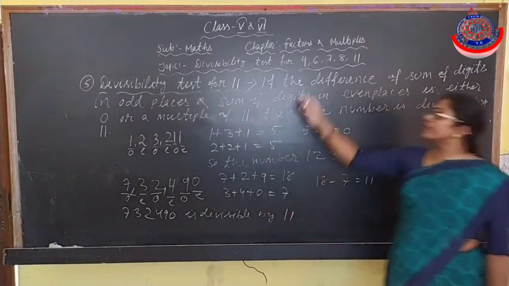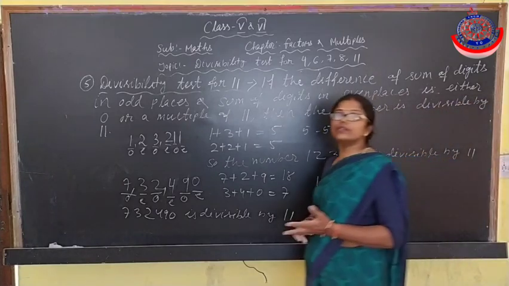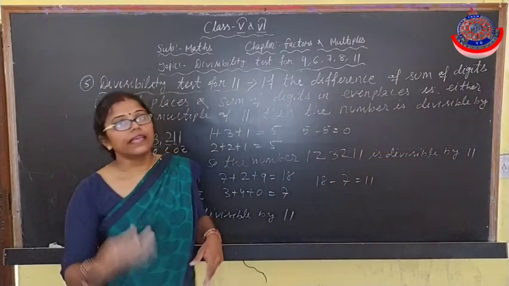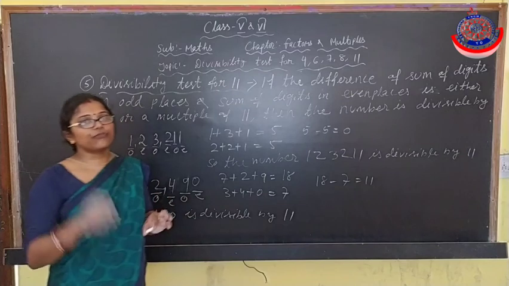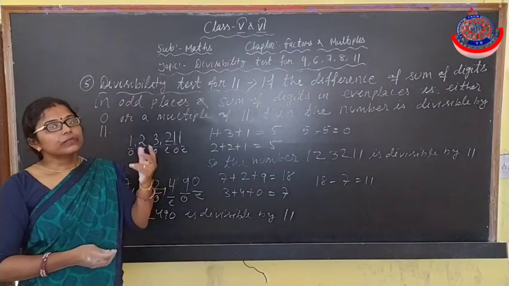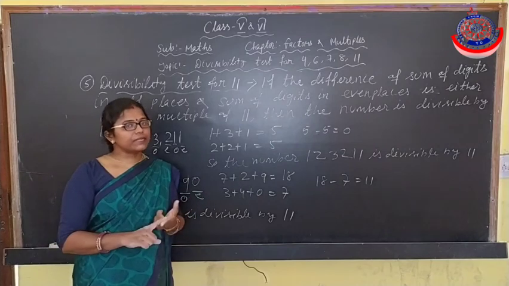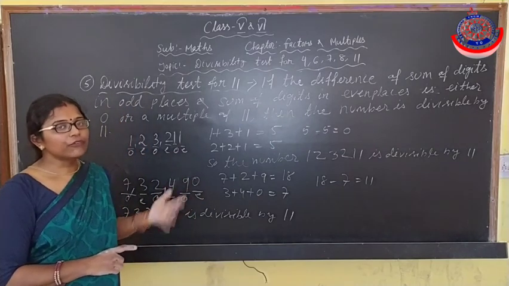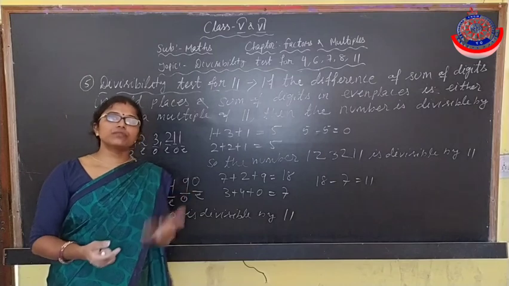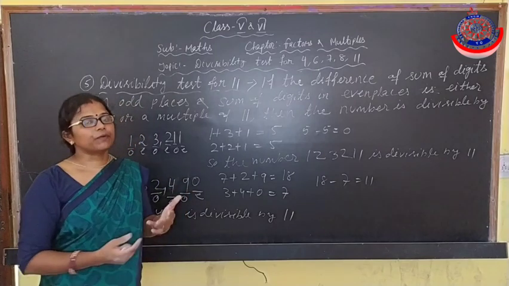I think now you are clear about the divisibility test of 4, 6, 7, 8 and 11. In case of 4, we have to check the number formed by the last two digits. If it is divisible by 4, the number will be divisible by 4. In case of 8, we have to check the number formed by the last three digits.